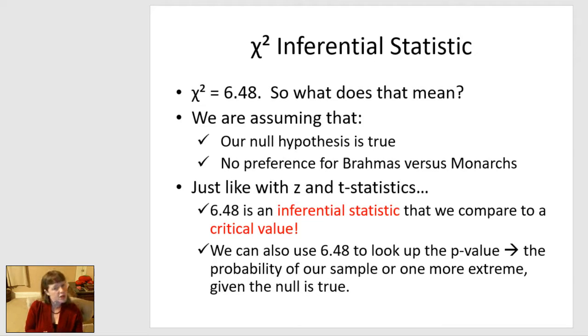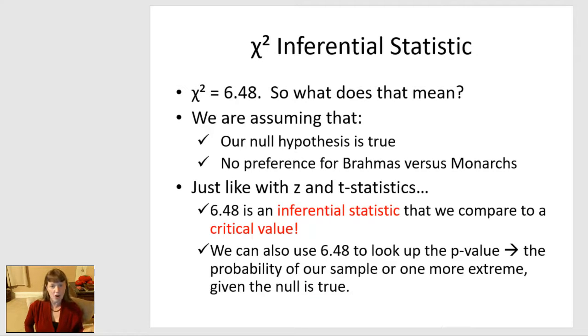Now, I haven't taught you how to look up the critical value yet, but I promise you I will. It'll be a table in the back of your book based on some degrees of freedom. We could also use an online calculator to take this 6.48 and look up the exact p-value, but again, that's not something you're going to be able to do on the exam. But we'll know about our p-value.